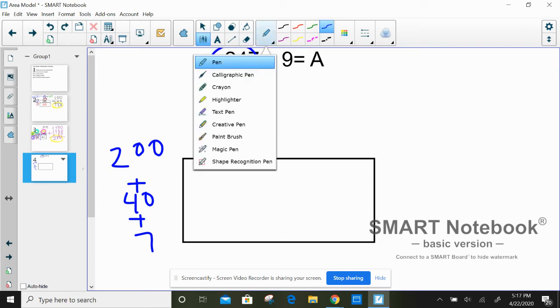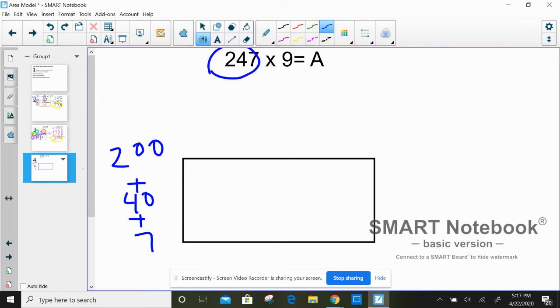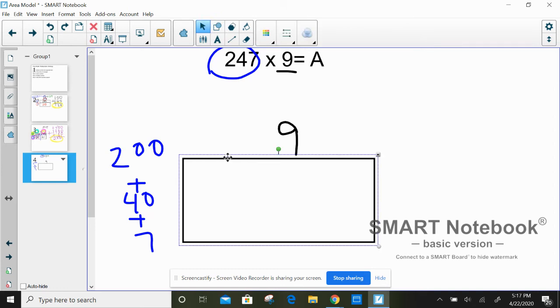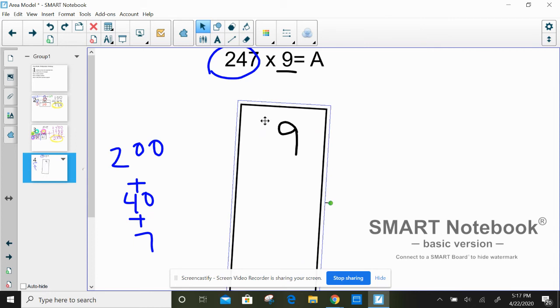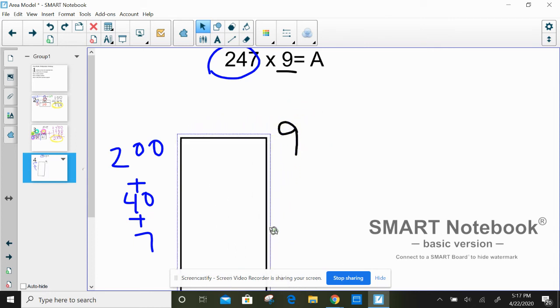Okay. Now, for this 9, we're just going to bring the 9 over here. And actually I'm going to change the shape of this rectangle here. I'm just going to rotate it for us, since we have so many numbers on this side and only a 9 on top.